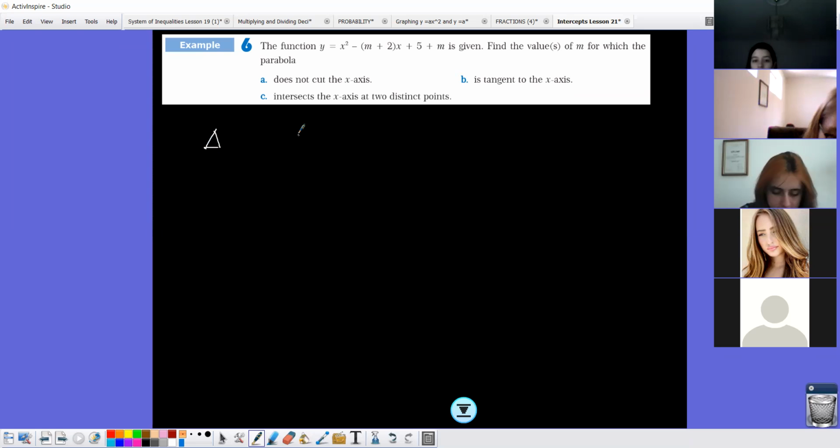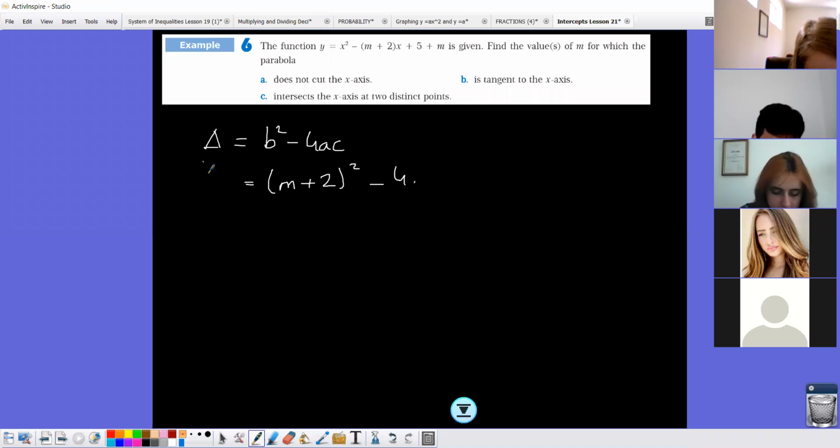Yes, discriminant. So the discriminant is equal to b squared minus 4ac. And b is here minus (m plus 2). But because I have a square, this minus will be plus already. So it will be (m plus 2) squared minus 4 times, what is a? A is 1, and c is 5 plus m.